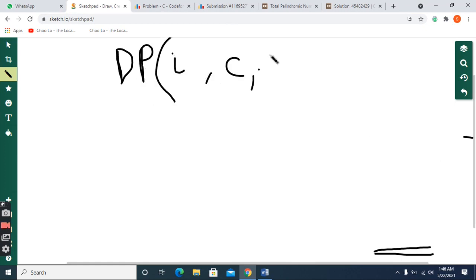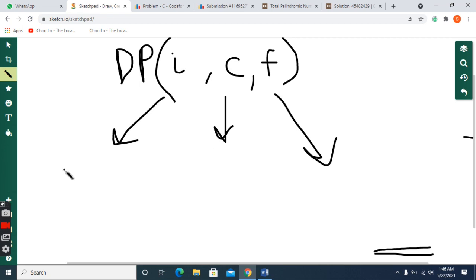So as I said, in my DP I require 3 states, which is I, C and my flag. So now there are 3 cases here. Let's write the example here.